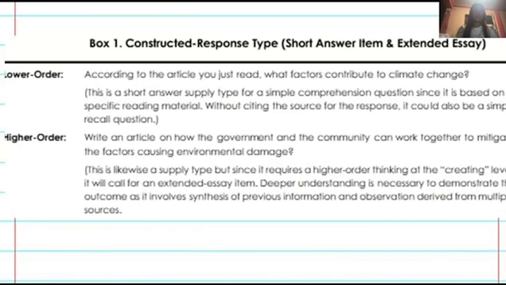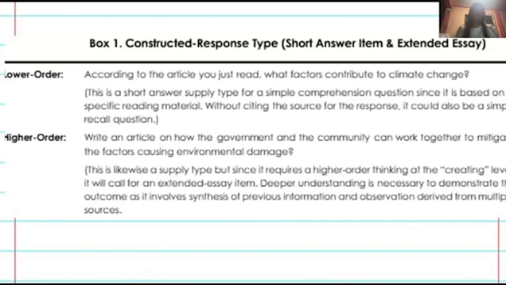So next is the example for short answer and extended essay. So for the lower order, according to the article you just read, what contributes to climate change? So this is a short answer supply type of simple comprehension question since it is based on the specific reading material. Without citing the sources of the response, it could also simply be a recall question.